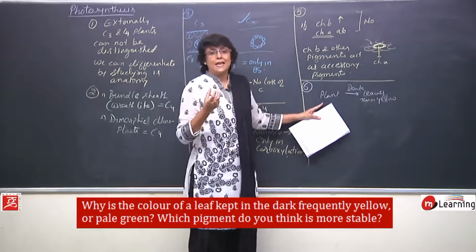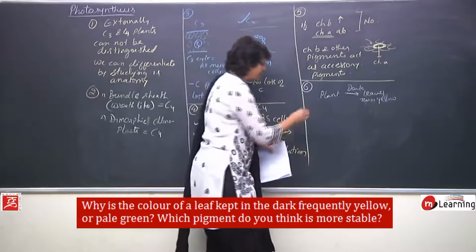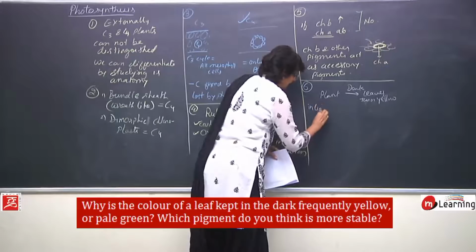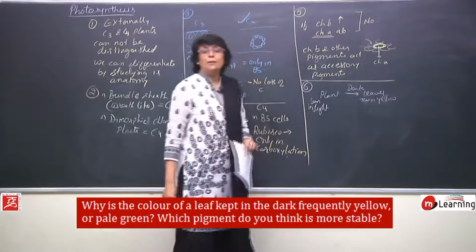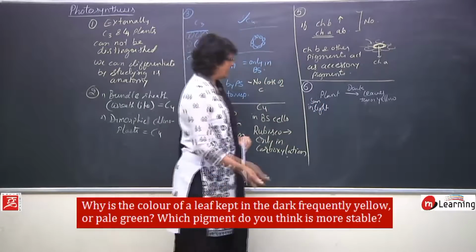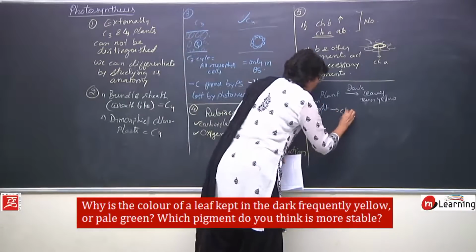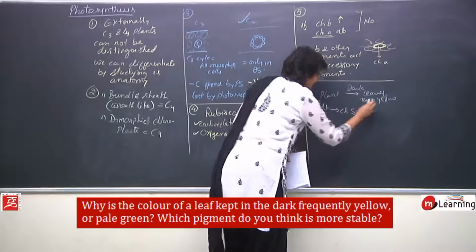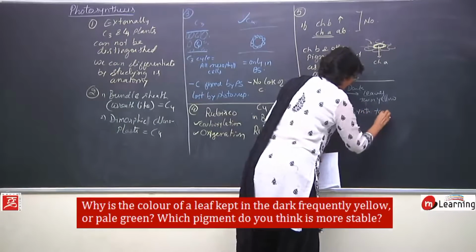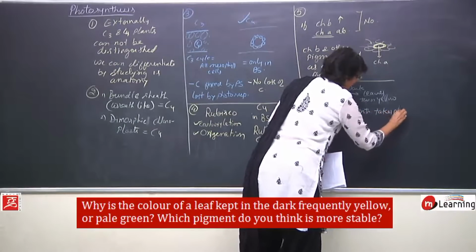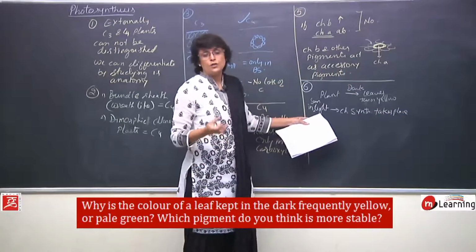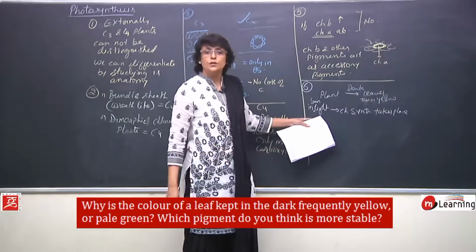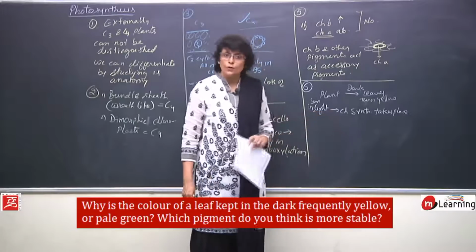When a plant is exposed to sunlight, the plant synthesizes chlorophyll. So, in light, chlorophyll synthesis takes place, because if it is in sunlight, it has to perform photosynthesis, and photosynthesis requires that chlorophyll pigment.